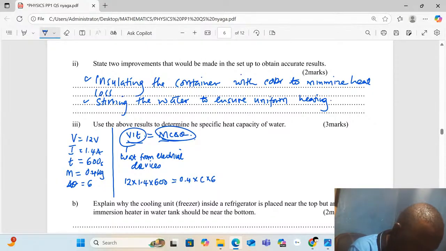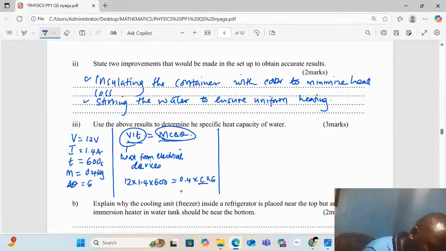We can make C the subject of the formula by dividing by 0.4 and by 6.